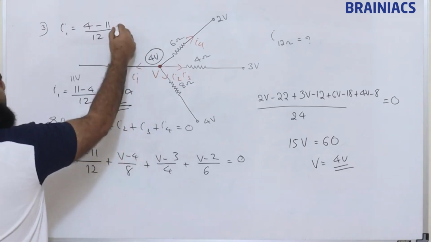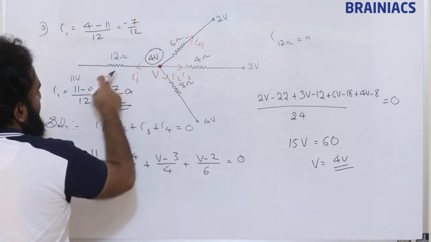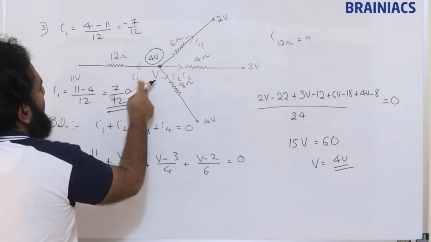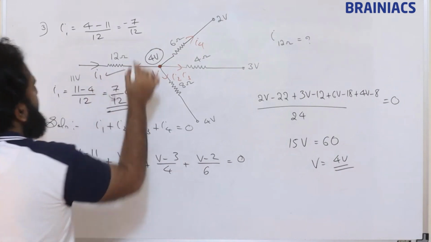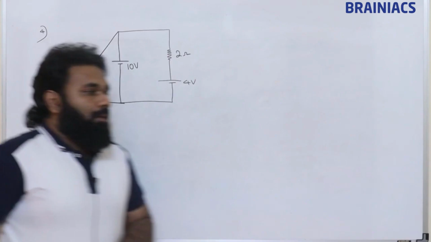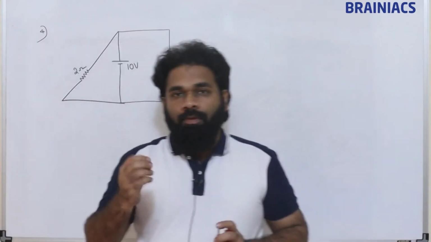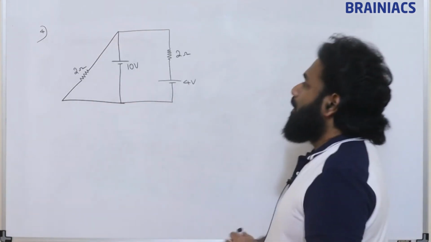Even if we take it the reverse way, we will get minus 7 by 12, indicating that the leaving current direction we have taken is wrong. The current will actually be entering. Clear, all of you? Right, note it down.